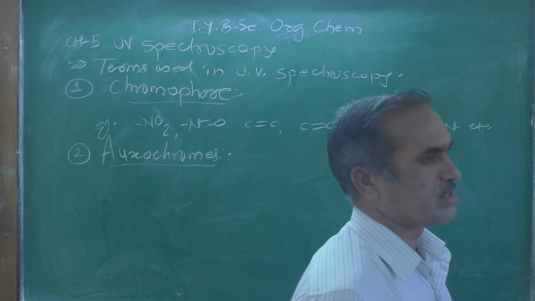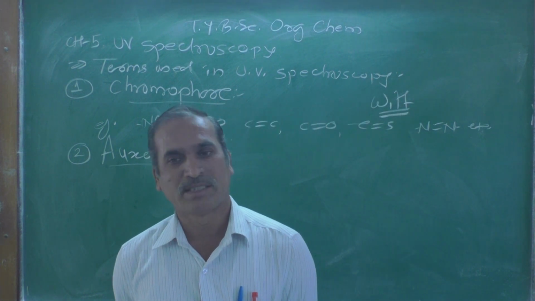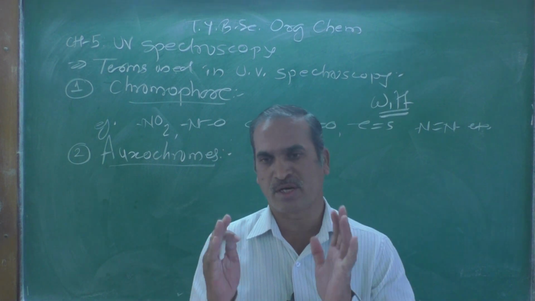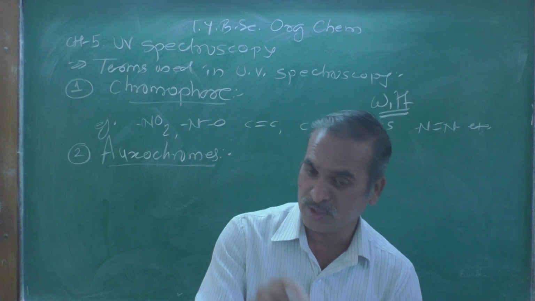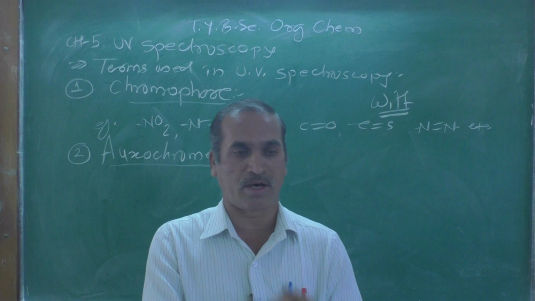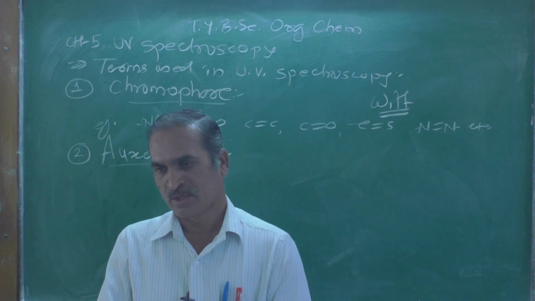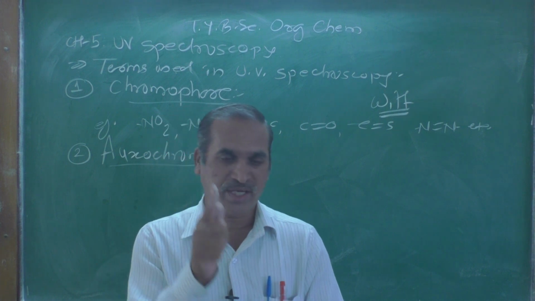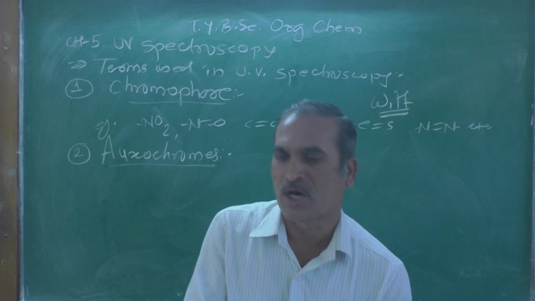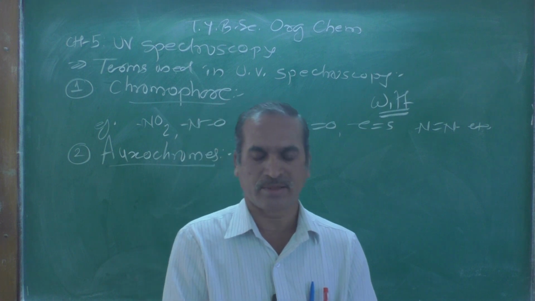Auxochrome is one of the important terms used in UV spectroscopy. It is a functional group which does not absorb UV radiation alone, but when attached to a chromophore, shifts the absorption to a longer wavelength.